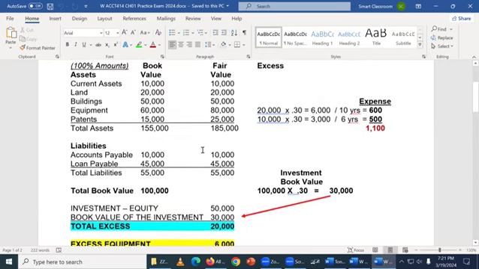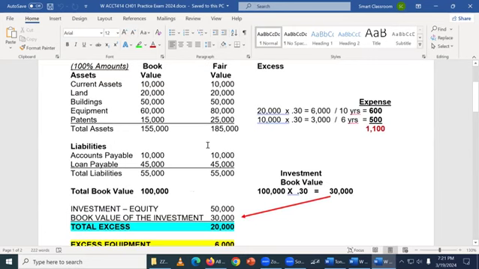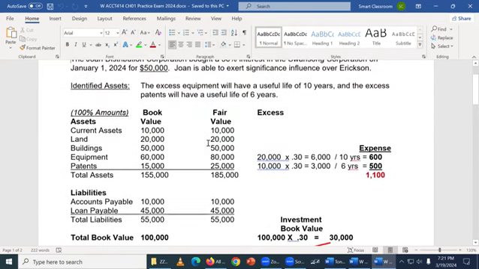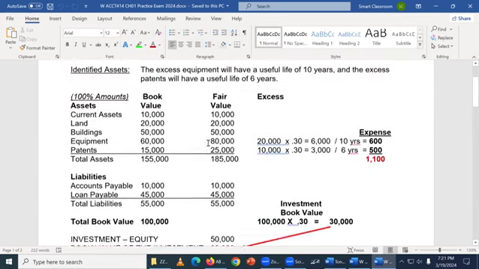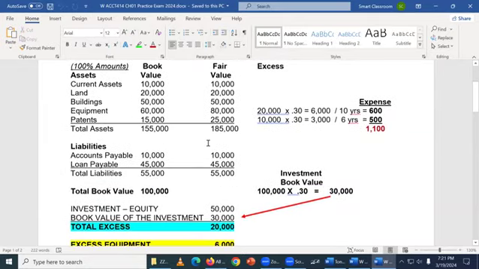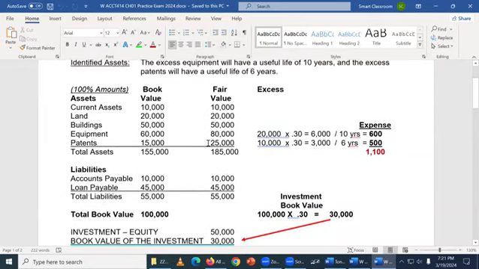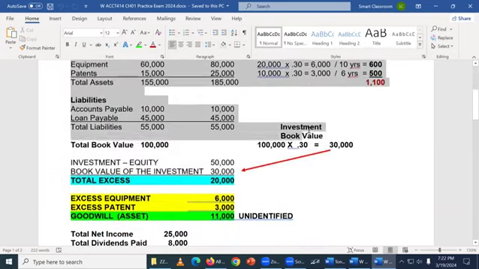That aren't listed here in the problem. No, but not at book value, they won't. The total of the 155 equals the numbers above it, so the unidentified is not included in that total assets. It won't be included in the book value.